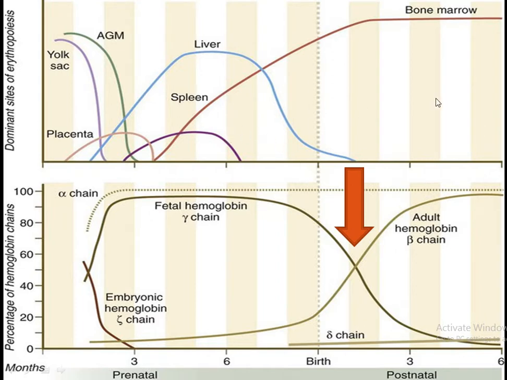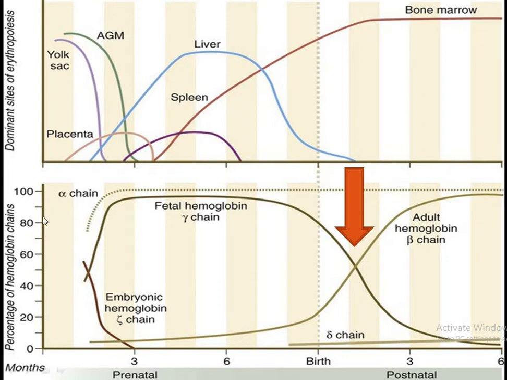Before birth and after birth, these are the areas for erythropoiesis. In the lower portion, I am going to tell you the different types of hemoglobin and at which age they change, embryonic to fetal and fetal to adult.